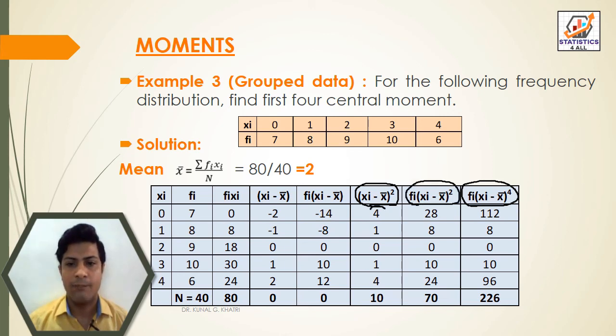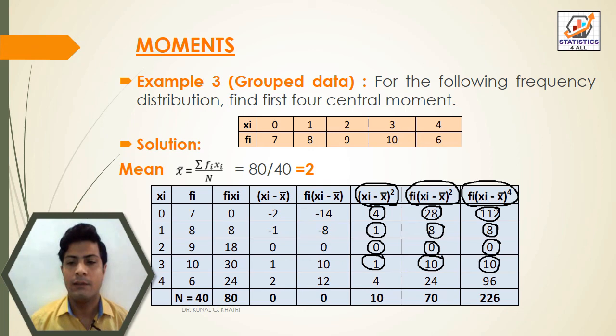That is 4 into 28, which is equal to 112. 1 into 8 is equal to 8. 0 into 0 is equal to 0. 1 into 10 is equal to 10. 4 into 24 is equal to 96.